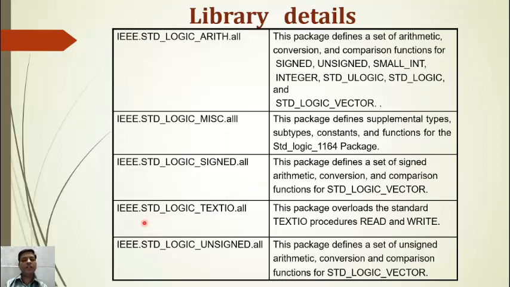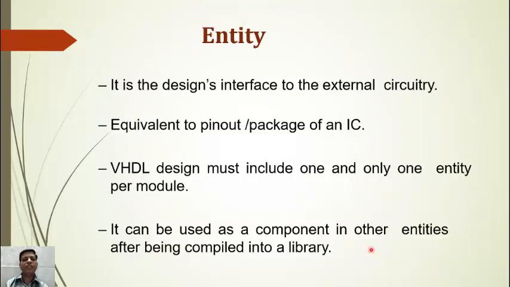Then IEEE.standard_logic_textio.all. This package overloads the standard text IO procedures for read and write functions. Then last, IEEE.standard_logic_unsigned.all. This package defines a set of unsigned arithmetic conversion and comparison functions for standard_logic_vector.